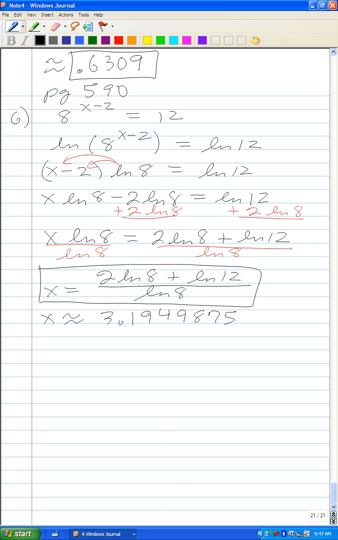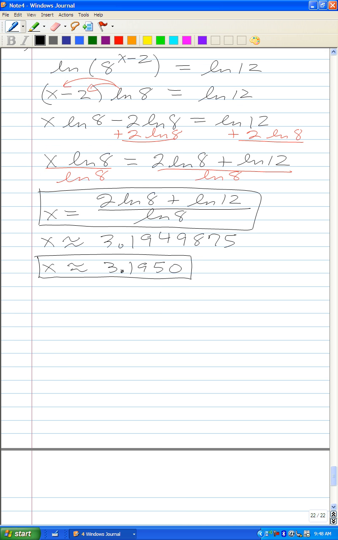So you want to do this to 4 decimal places. 3.1949. So the next digit 8 is greater than or equal to 5, so that 9 becomes a 10, so this 49 becomes a 50. And that's your answer. Notice in this case, we must put down the 0. That indicates that we've actually rounded to 4 decimal places.